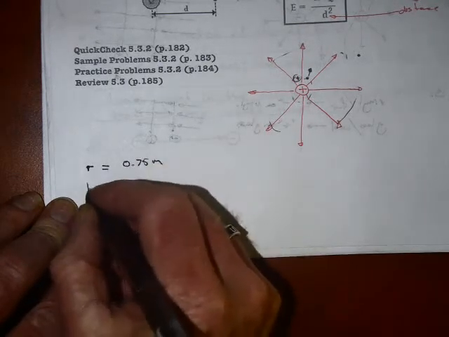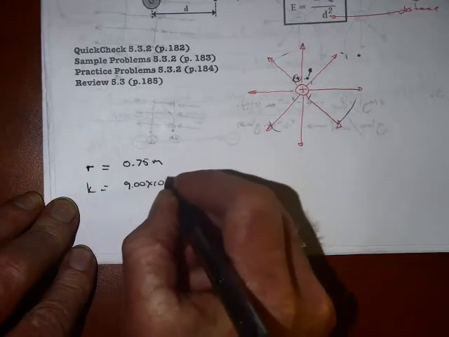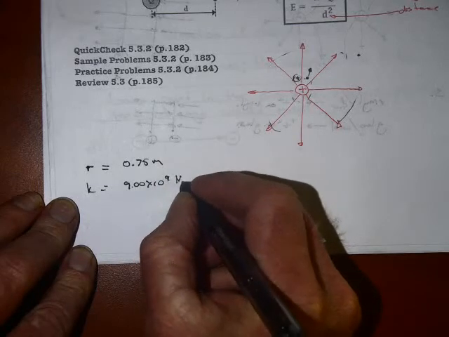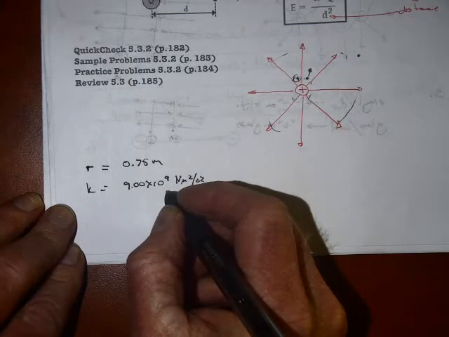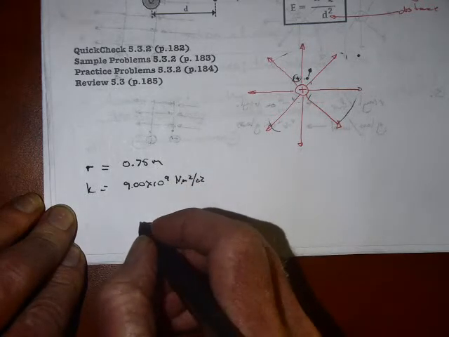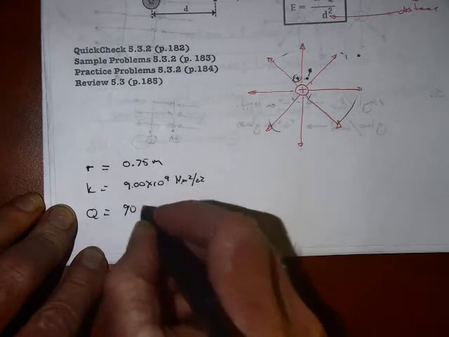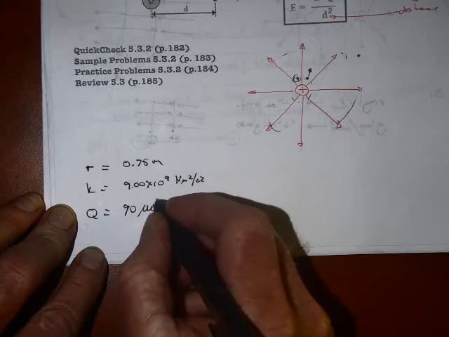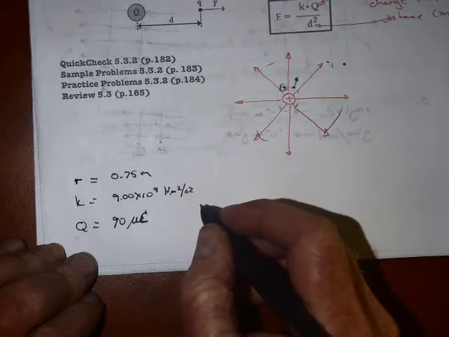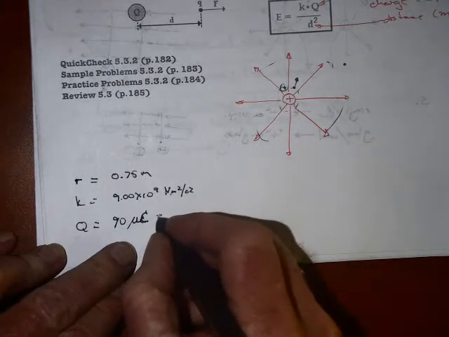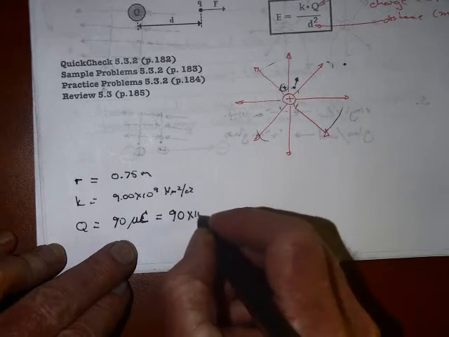We know that k is equal to 9.00 times 10 to the 9th newton meter squared per coulomb squared. We know that the charge Q is equal to 90 microcoulombs. Well, what's a microcoulomb? It's 10 to the negative 6 coulombs. So what I do is I leave it like this. I just write 90 times 10 to the negative 6.